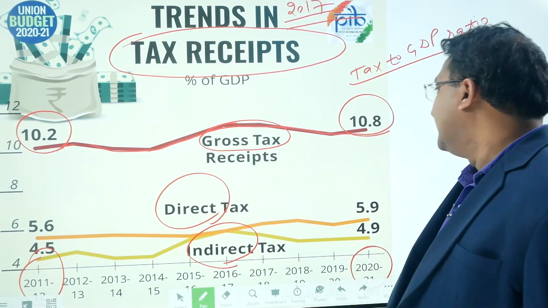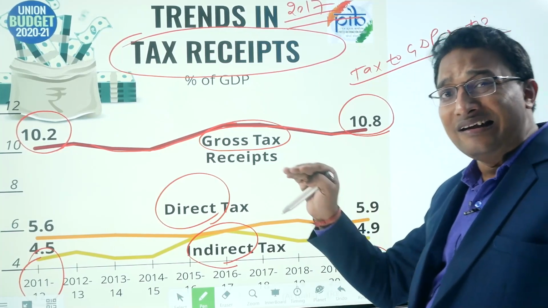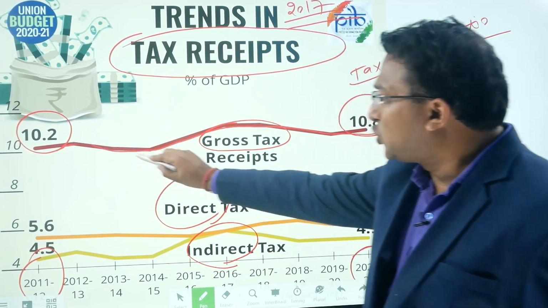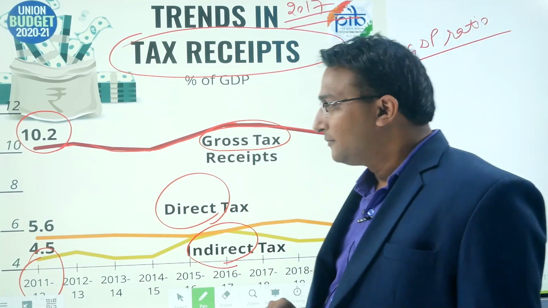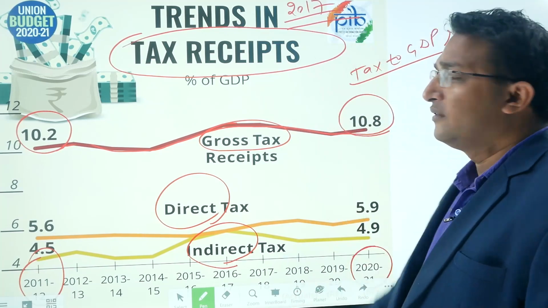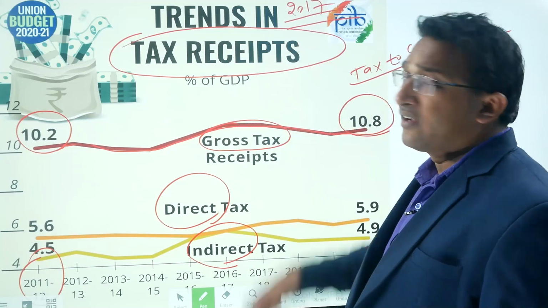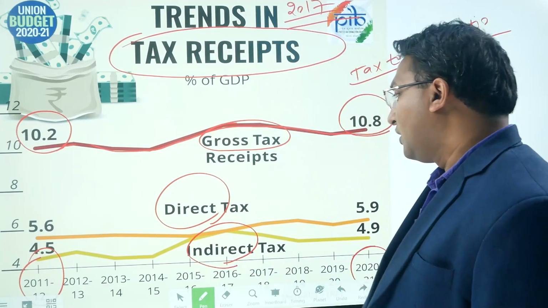So we are expecting that for the next year it will be 10.8%. So it's slightly less than 11%. And can you see the pattern? There is a fluctuation. There is no steady increase or steady decline, right? This is one kind of question which can be asked in the examination. In 2017, this has already been asked. We will just see after this slide.